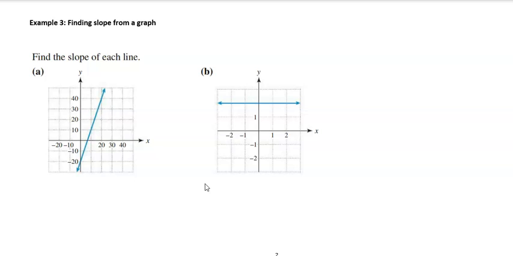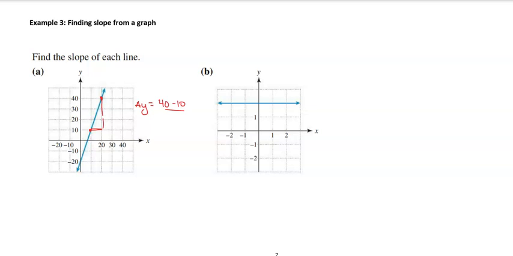Next, we're looking at finding a slope from a graph. So we just want to look at the graph and find a couple of points on here where it crosses exactly at the numbers that we're looking at. So we're going to go from 10, 20, 30, 40. So that means the change in y goes from 10 to 40. And the change in x goes over here.